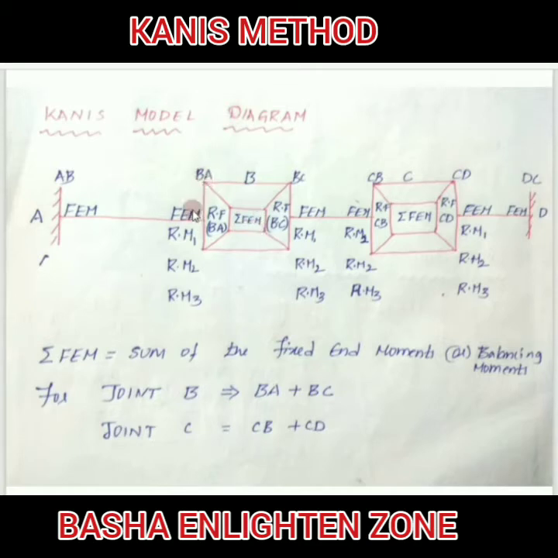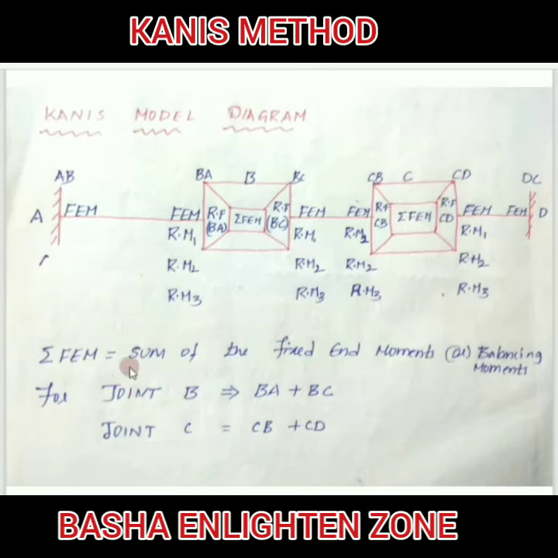For example, BA fixed moment plus BC fixed moment. You have to mention that here, which is also called the balancing moment. Similarly, for joint C, you have to sum the CB plus CD connecting member fixed moments. Then after simplifying, you have to write it down in this particular box.